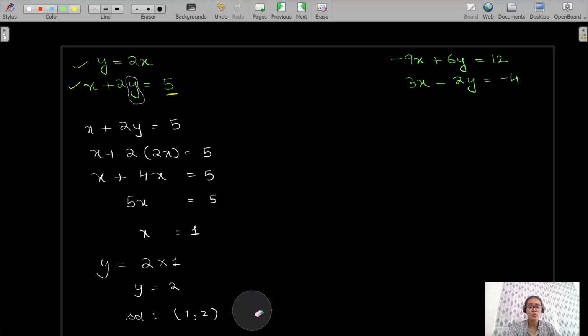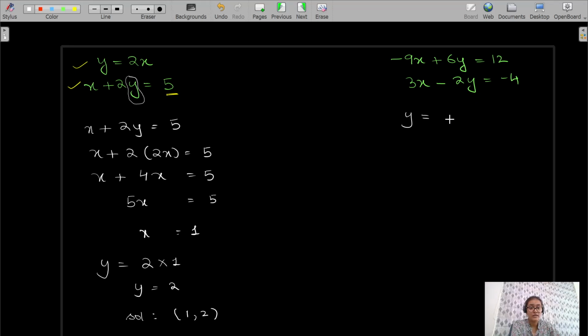Well, it can work, but it will actually take a lot of work to use the substitution method, because here the value of y is not given in terms of x explicitly. If you want to use substitution, you will first have to find y in terms of x.